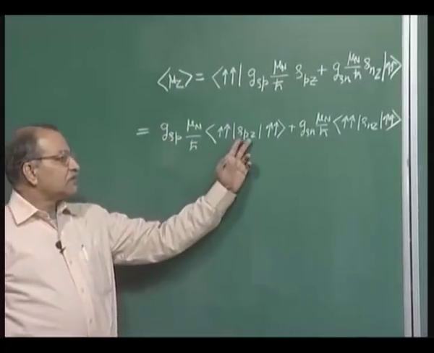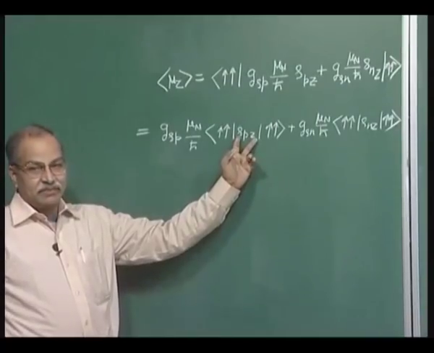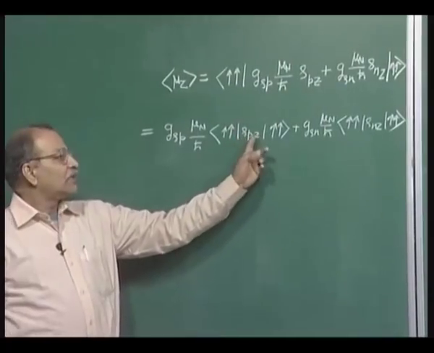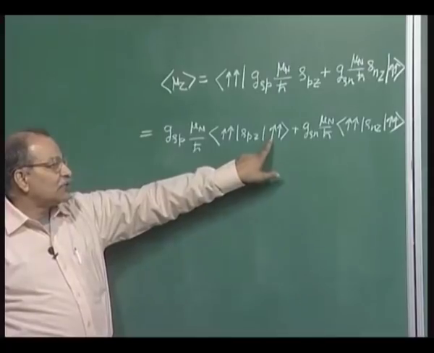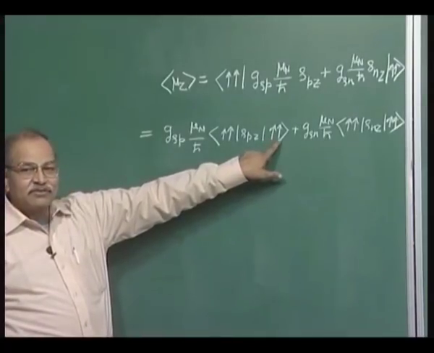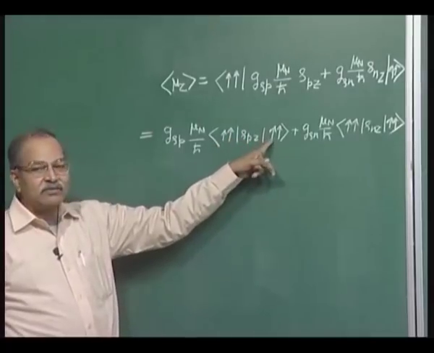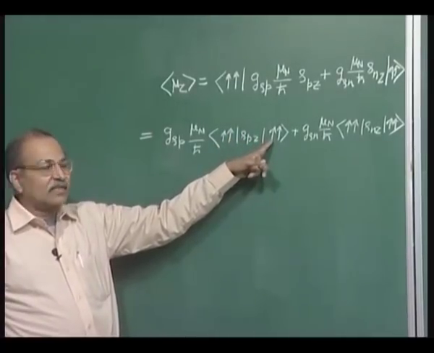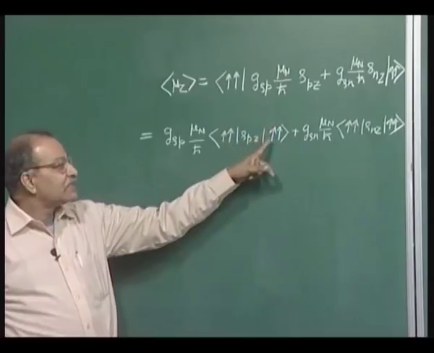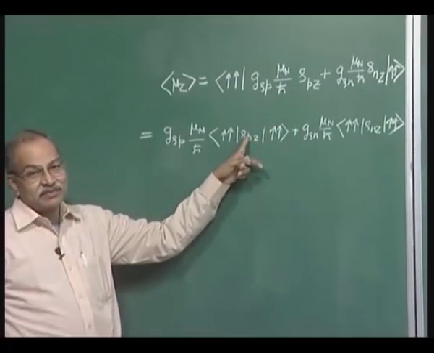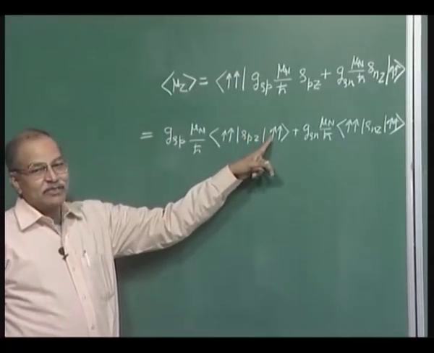Now, the first term, S P z. S P z is an operator operating on this. The first arrow is for proton, the second arrow is for neutron. So, this operator will only operate on proton, and this is a spin up. It is an eigenfunction of this operator with eigenvalue plus h cross by 2.